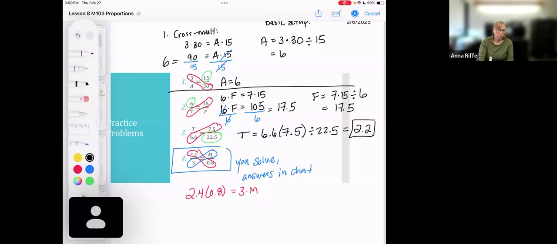The 2.4 times 0.8, you should get 1.92 is equal to 3m. And then we want to divide both sides by 3. 1.92 divided by 3, you should get 0.64, as you all were telling me in the chat. So that should be your m.